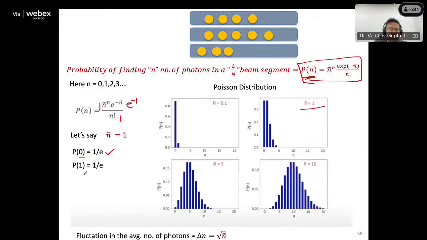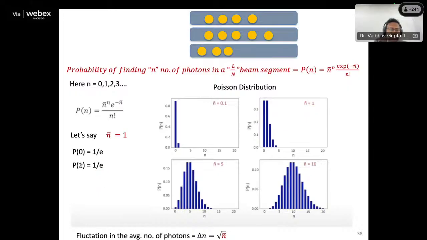Similarly, you can do this exercise for 1 photon. Here n is 1 and n bar is again 1, and if you put n equals 1, n bar 1, you will end up with 1 by e.